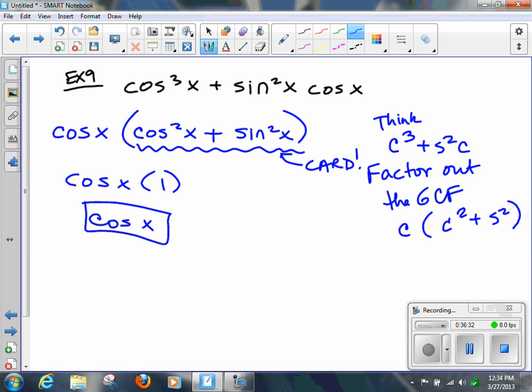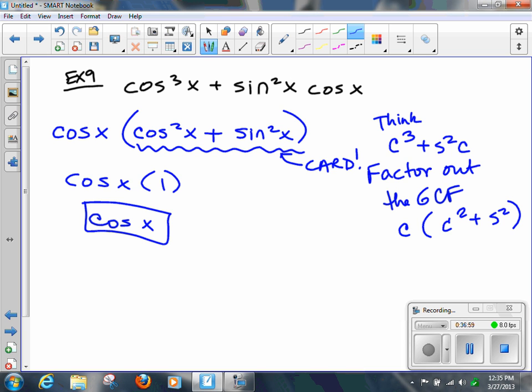No, I have to factor out the GCF first so that I can get cosine squared plus sine squared, so that I can make that factor 1. Okay? No. It has to be cosine squared plus sine squared, or sine squared plus cosine squared.